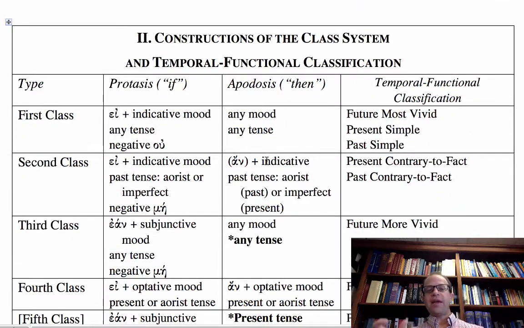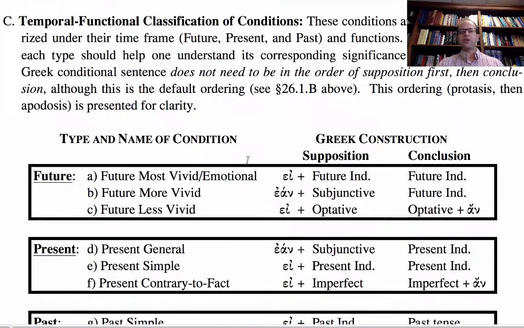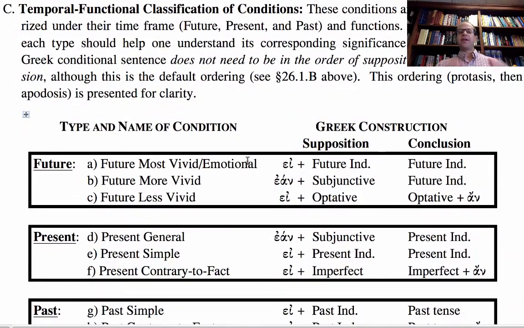Here, again, I give a little bit more detail, talking about the type of condition, and then the protasis, the if part, the apodosis part, and then the functional temporal classification name. What I'm going to do next is really explain this temporal functional classification. Basically, you have future conditions, that is, conditions that are cast into future time.